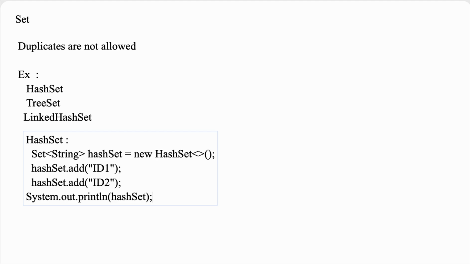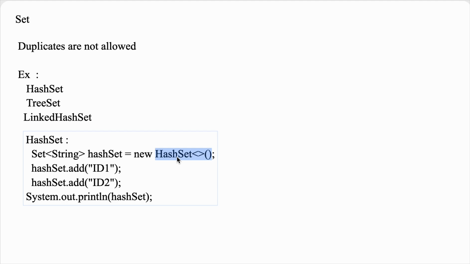Suppose you want the example for the tree set. We have to change that particular hash set; instead of hash set, we add a tree set. A tree set keeps the elements sorted in natural order or by a custom comparator.